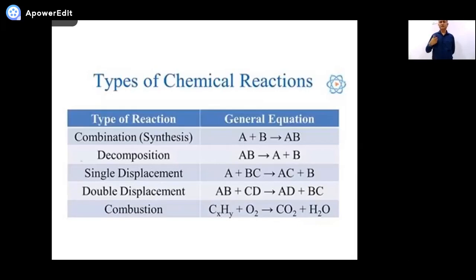This we have done on the board. Combination reaction. The topic is a little bit typical. That is why I'm trying to explain it in different ways, so that you will be able to understand it. Not by one way, then by the other way.